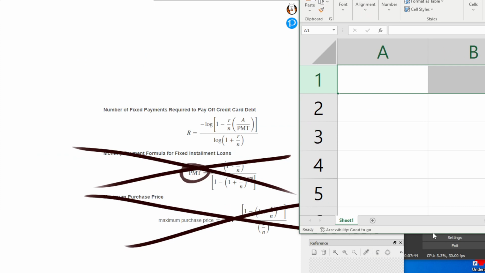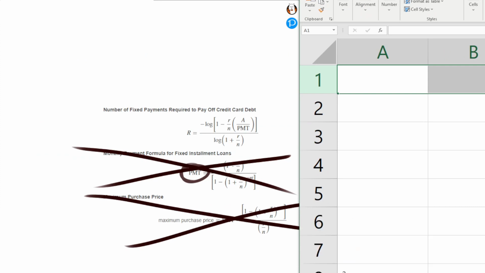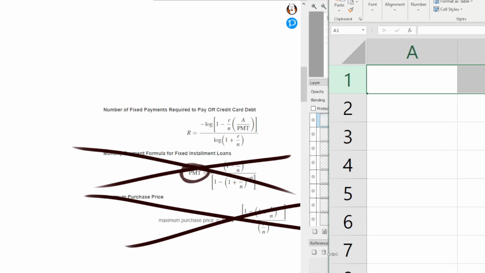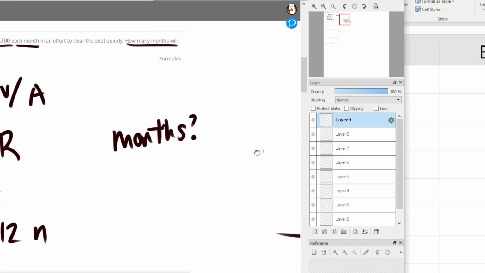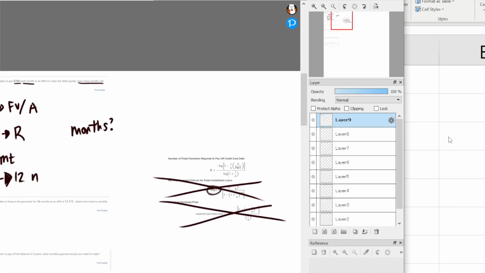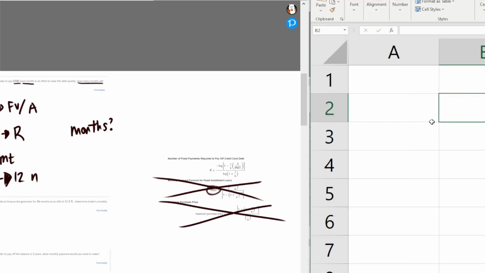Now that I have that set up, we will look at our information. The equation for the number of fixed payments required to pay off credit card debt does not have a function in Excel.